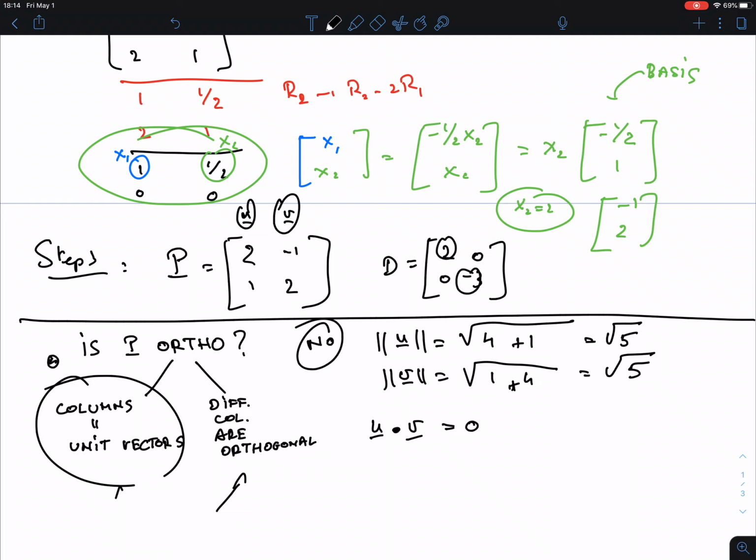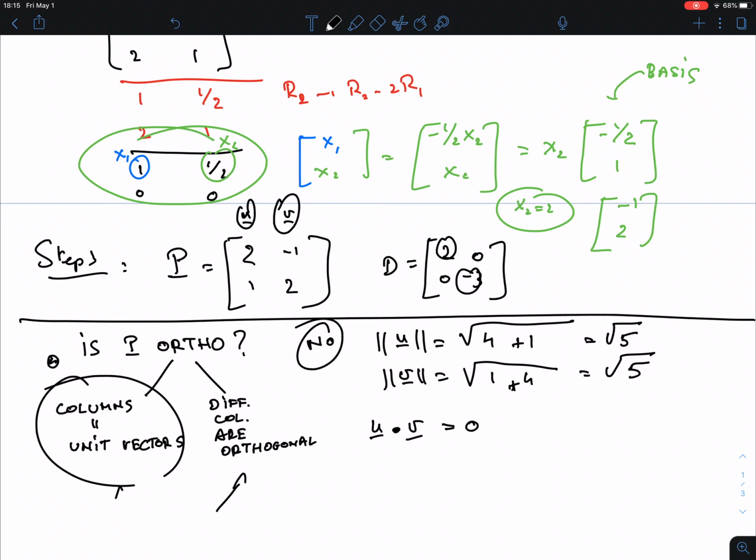No brainer. Don't have to think about it, don't have to calculate. We know that is the case. So just by putting these eigenvectors, they come from different eigenvalues, I'm already guaranteed that the different columns are orthogonal.